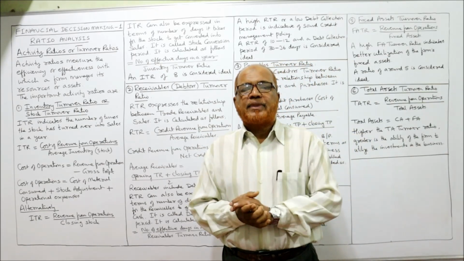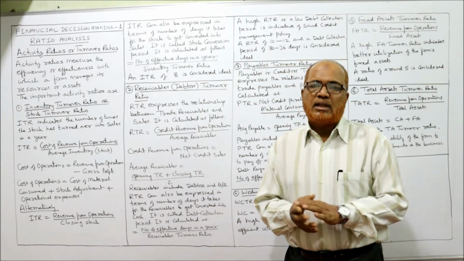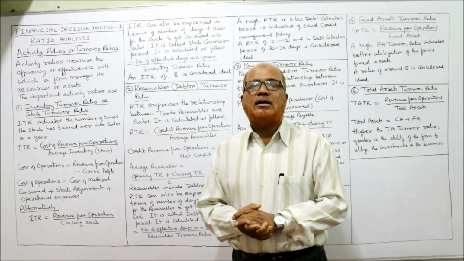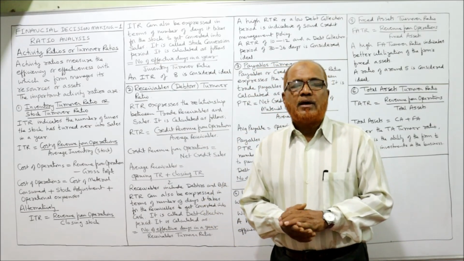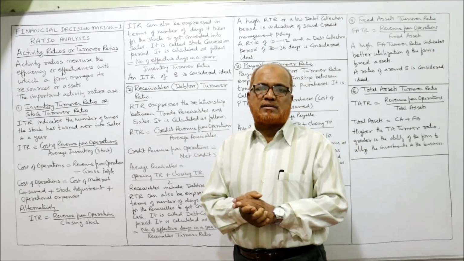Then secondly, capital structure ratio or leverage ratio. This ratio shows the long-term solvency of the business, the proportion of owner's capital and borrowed funds.